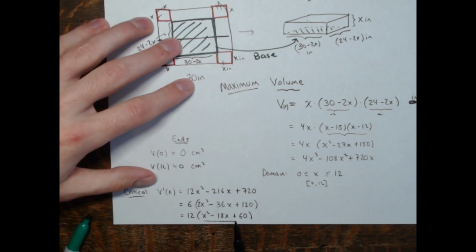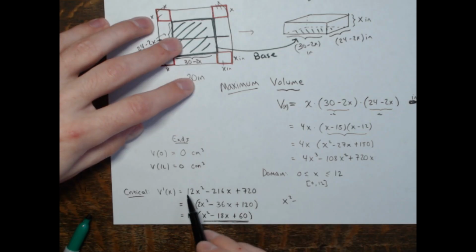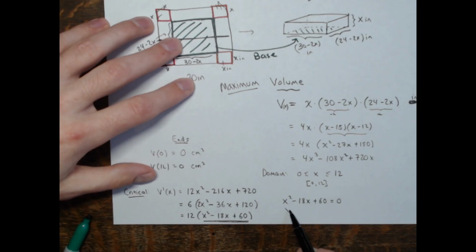And then I'll just look at this quadratic, see when that's 0. So again, we're looking for critical values. It's not going to be undefined. When is x squared minus 18x plus 60 equal to 0? I'm going to complete the square here. So subtract 60.